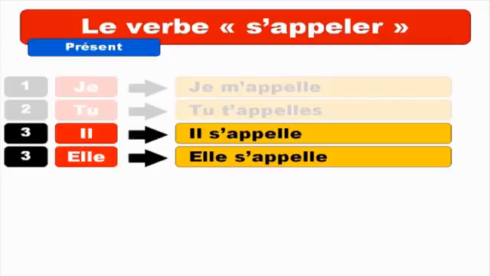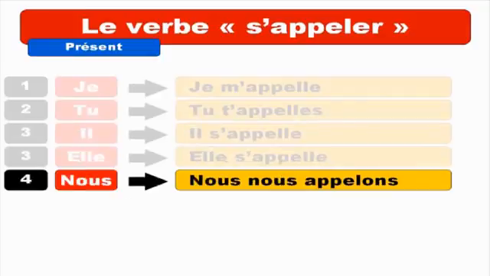Elle s'appelle. Okay, and then for nous, some of my students find it quite strange, but that's the form for these verbes pronominaux. You've got to repeat nous again, so you get nous, and then appelons.